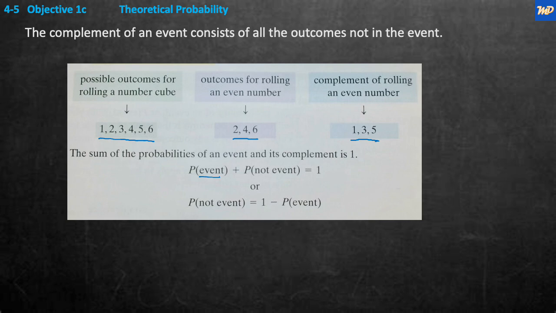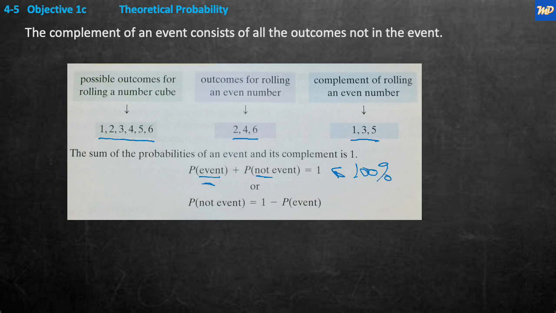The sum of the probabilities of an event and its complement is 1. So the probability of the event plus the probability of not the event covers all of the possible outcomes: the 2, 4, and 6, and the 1, 3, and 5. When they all add up, it's going to be 1, or 100% of the possibilities.